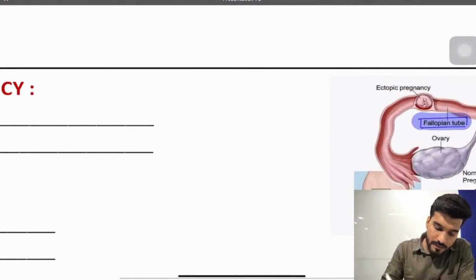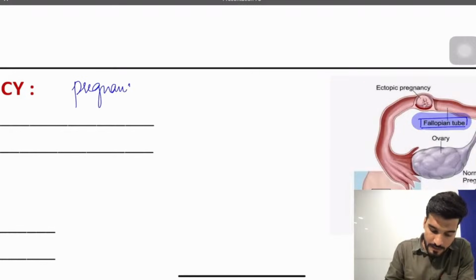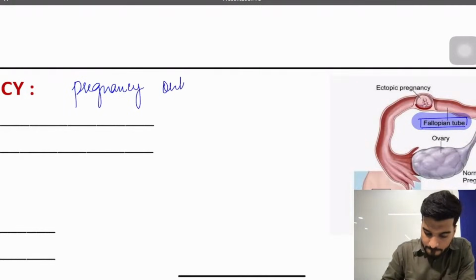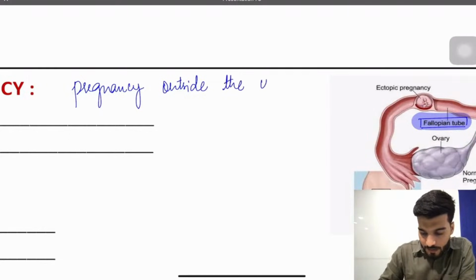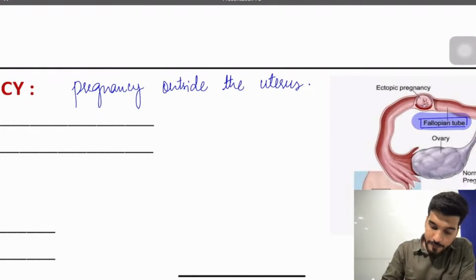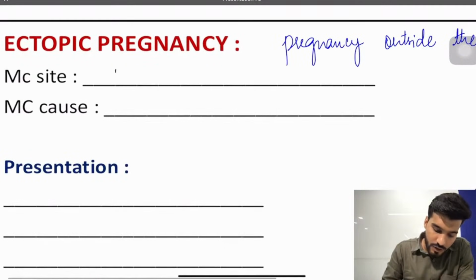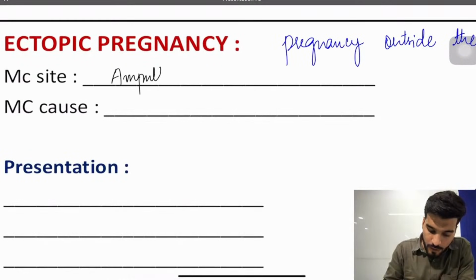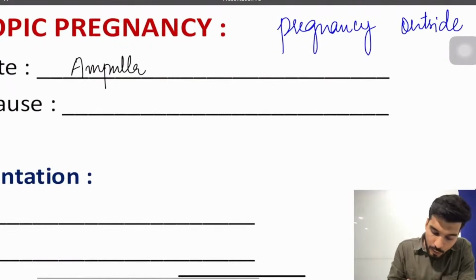So again, what is ectopic pregnancy? It simply means pregnancy outside the uterus. If we talk about the most common site in the fallopian tube, that's going to be the ampulla, followed by the isthmus, then the infundibulum, followed by the interstitium. Is that clear?